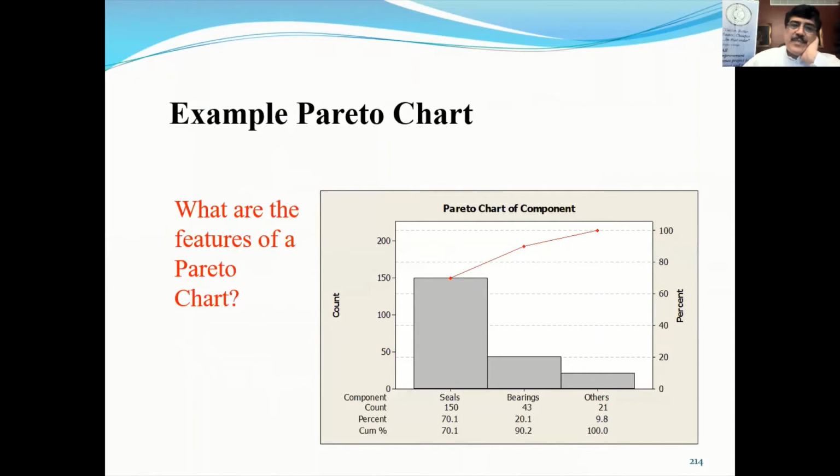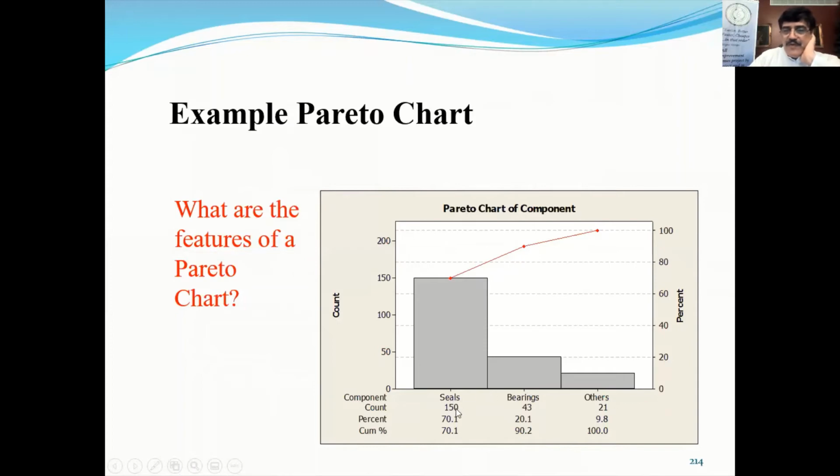This is a Pareto chart from Minitab, and as you can see, the most significant are plotted first. So we counted 150 seal failures. These are mechanical seal failures. We counted 43 bearing failures, and all the others were 21.